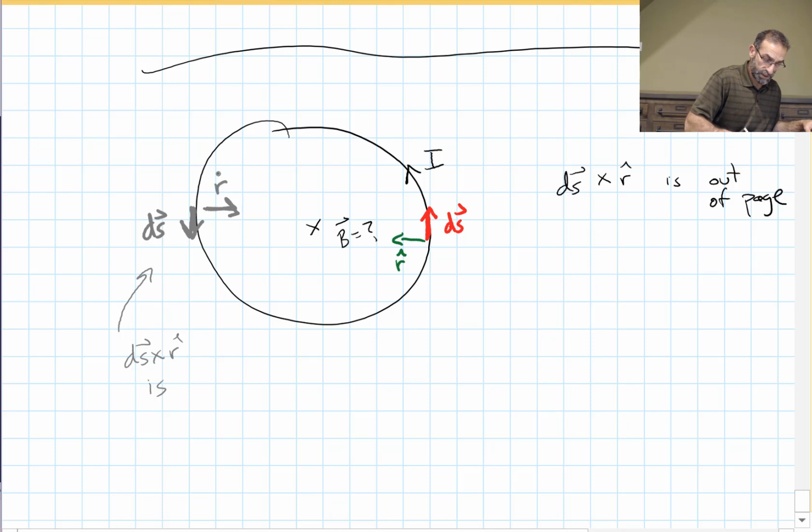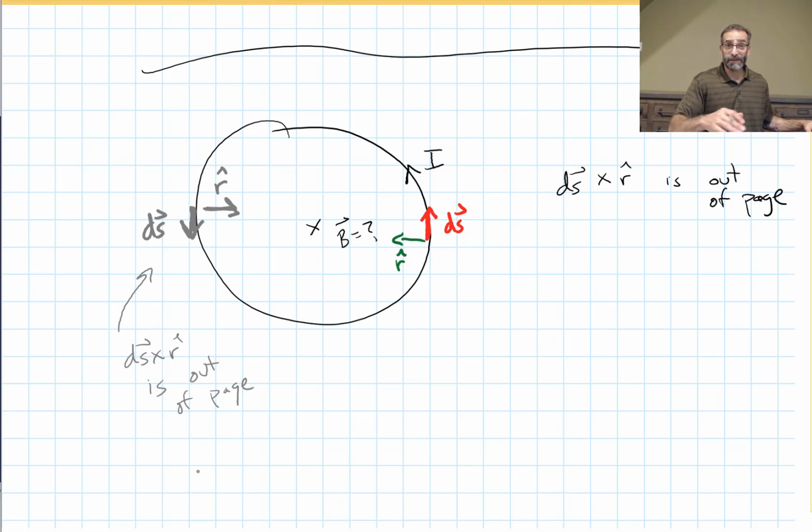It points from ds to my point of interest. ds cross r hat is out of the page. It doesn't matter where you pick it on here, right? Because in a circular loop like this, all of them create the magnetic field in the same direction.